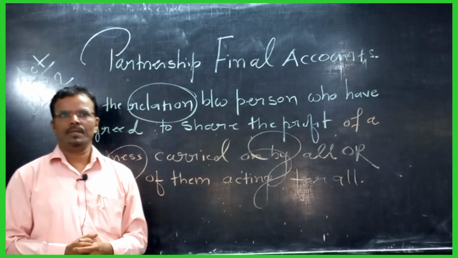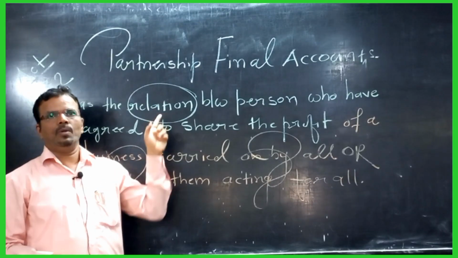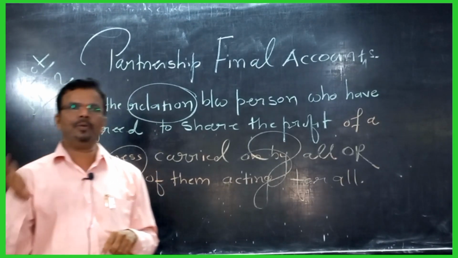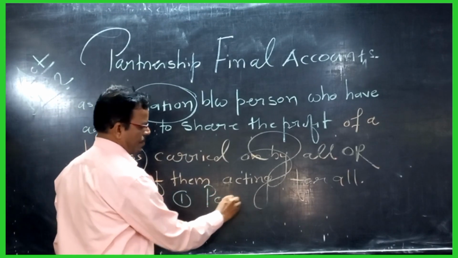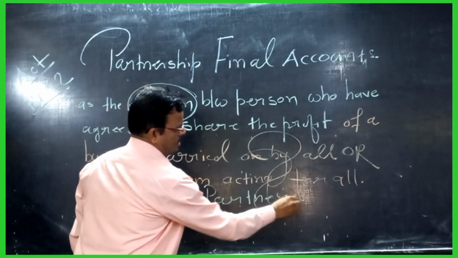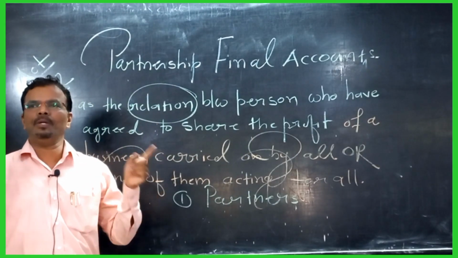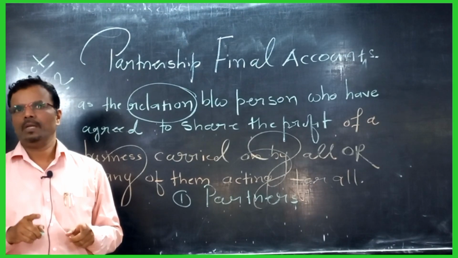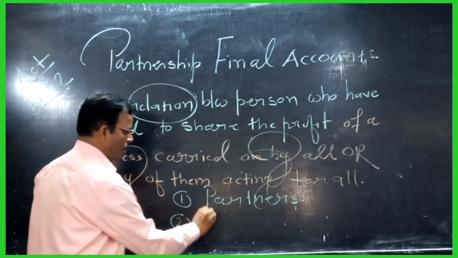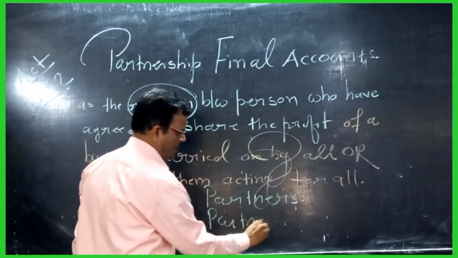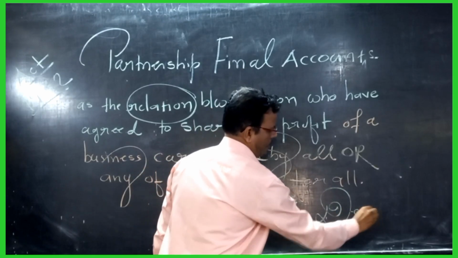Now in this case, two terms are very important. The persons who come together and do the business are known as partners. And second, whenever they come together, they will make an agreement, and that agreement is known as the partnership deed.